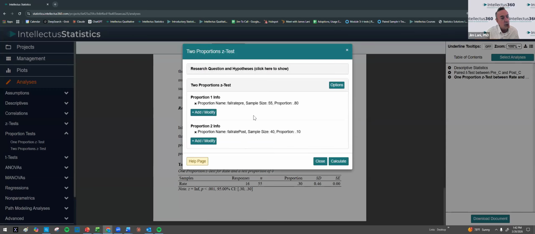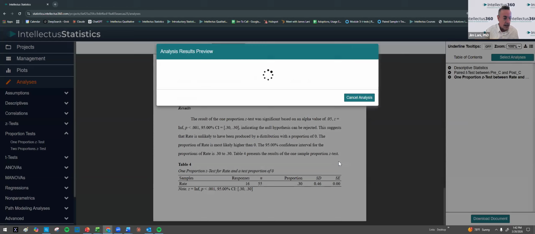So now we're really testing differences in proportions of a rate of 80% falls, okay, leaving strings all over the place, to a proportion rate of 10, right? That's the question at hand, and that's the analysis to examine that question or aim.